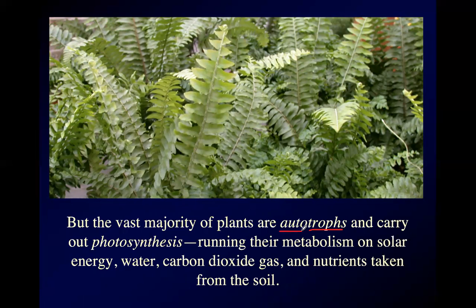Plants are able to take very small molecules, water, carbon dioxide gas, that's a carbon atom stuck to 2 oxygens, CO2, and some nutrients taken from the soil, like nitrogen and a few other minerals, put them together and make more complicated molecules. And they're able to drive that whole process using captured solar energy through this beautiful piece of chemistry called photosynthesis that I just don't have time to get into in much detail.